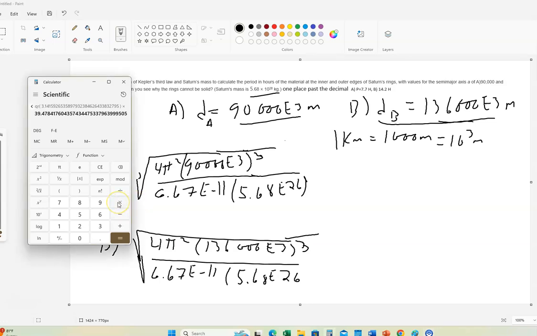So it's going to be times 90,000 times 10 to the third, and then raise that to the third.